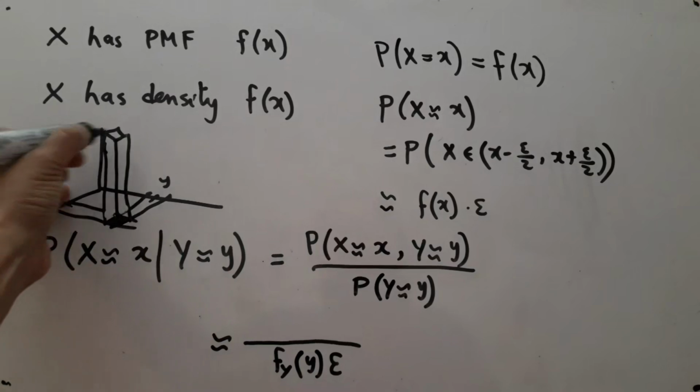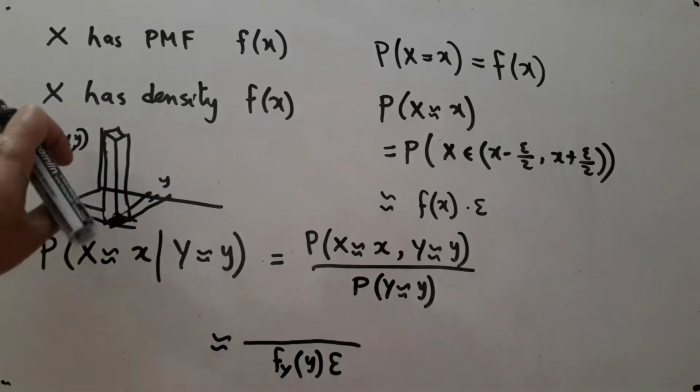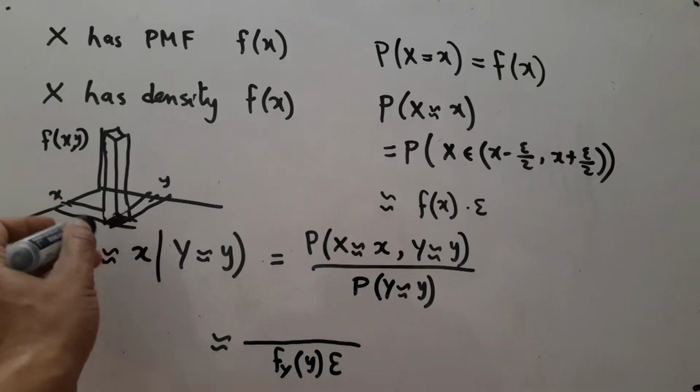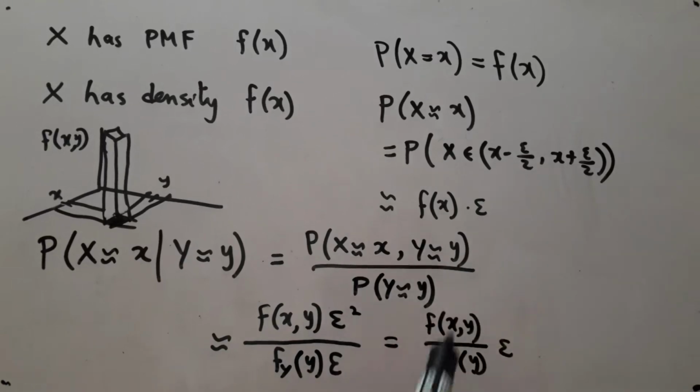Of course, this is not a box, it is not entirely flat, but since it is so very small, it behaves almost like a flat constant, and that height is fxy, and the base is epsilon times epsilon. So we shall write heuristically fxy times epsilon square. Now we'll have cancellation and we'll get fxy by fy of y, the joint density divided by marginal of y, times epsilon.